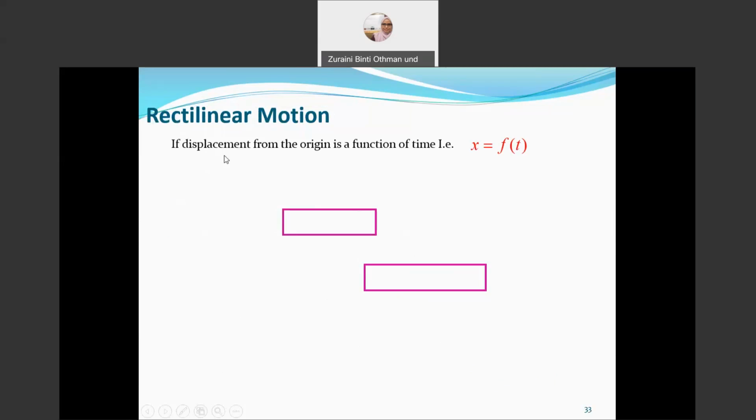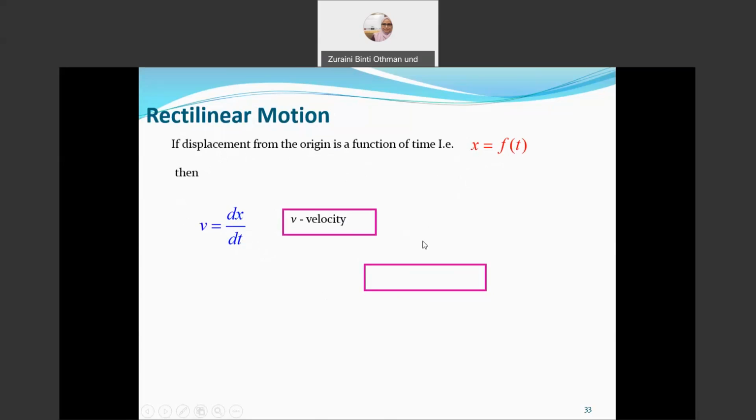If we have displacement from the origin as a function, x is equal to f(t), then this is what we use to find the halaju, which is velocity. Velocity is the first derivative of this equation.